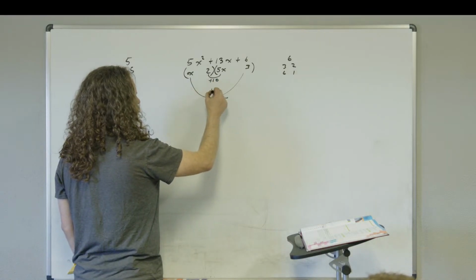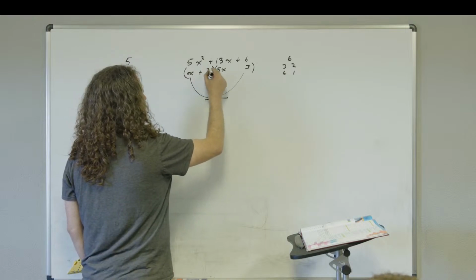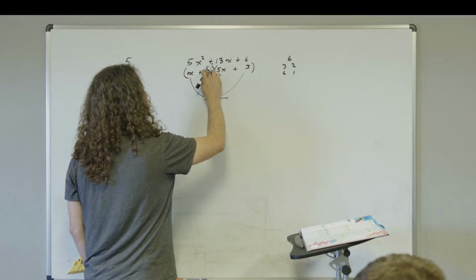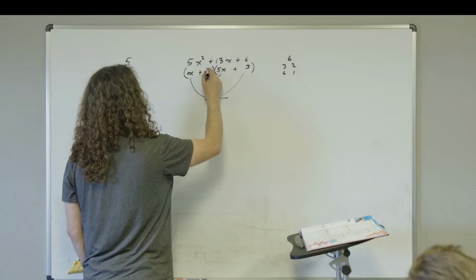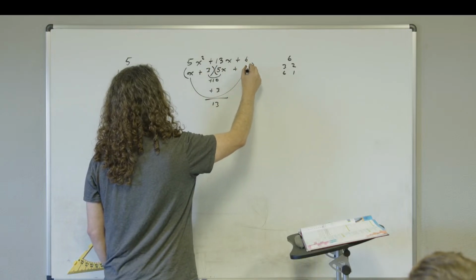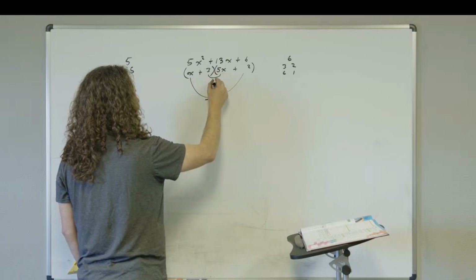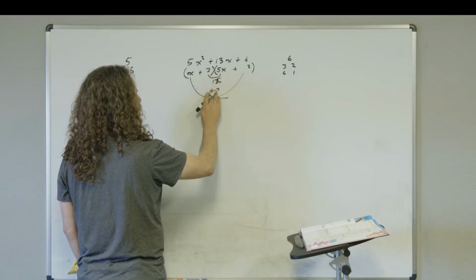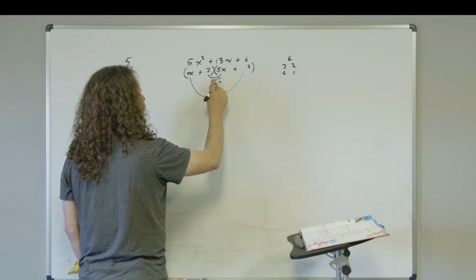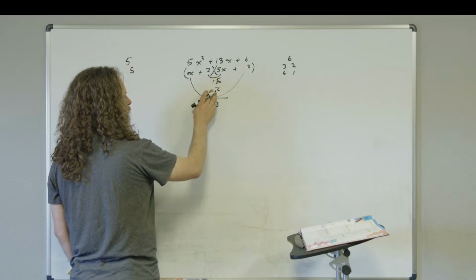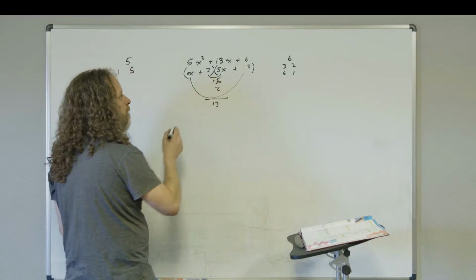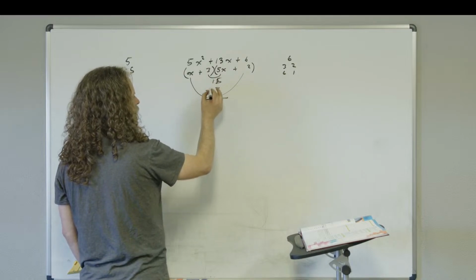Plus and plus. Now, we follow our nose and put a plus. Now, if we had done 3 and 2, let me show you this. 3 times 5 is 15. 1 times 2 is 2. We're trying to get 13. What would we put here? Minus, because 15 minus 2 is 13.